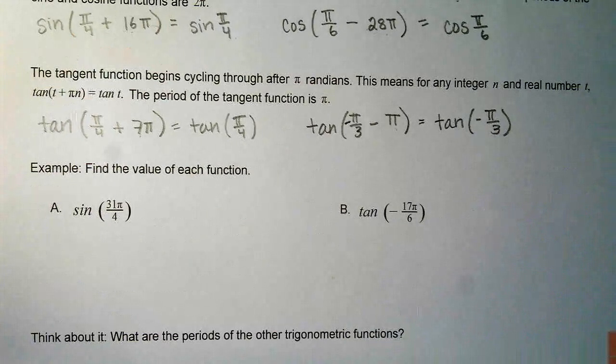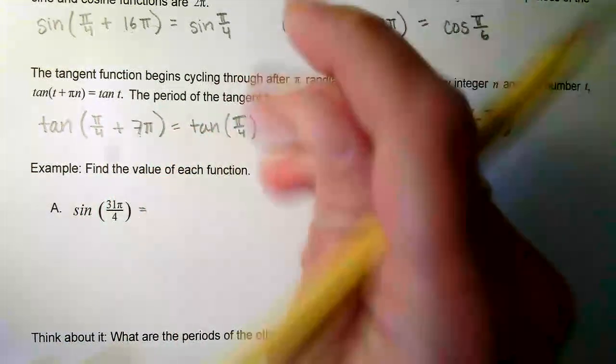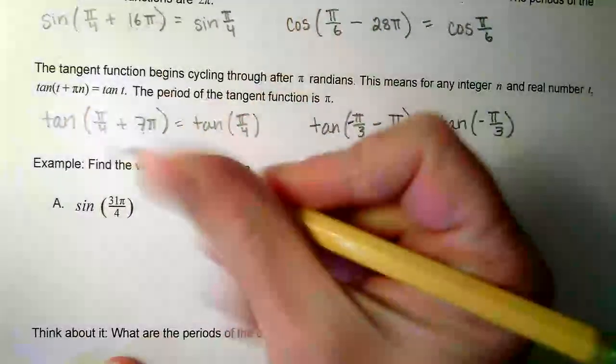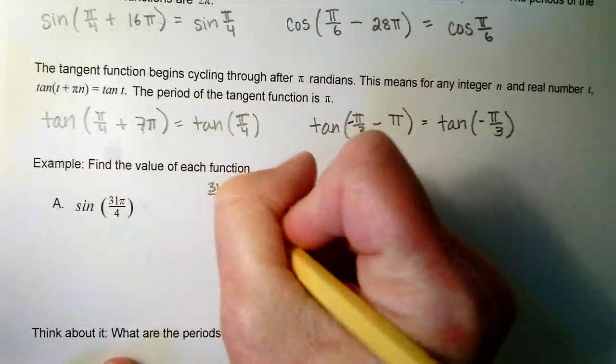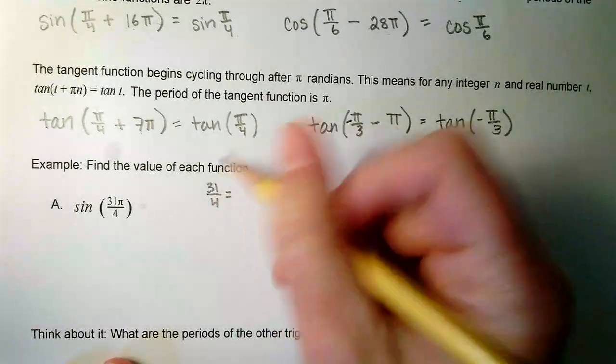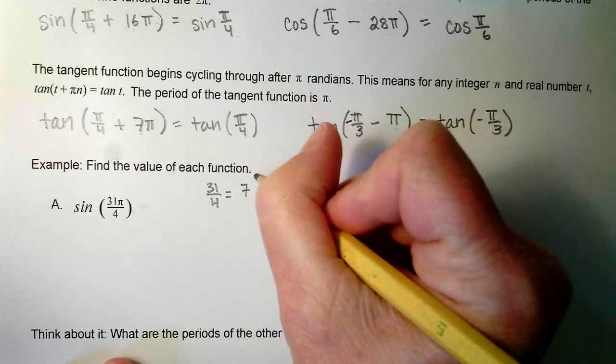Okay, so we want to use the periodic properties to find the value of each function. The first thing that I'm going to do is think over to the side, what is 31 over 4 as a mixed number? 4 goes into 31 7 times and 3/4.